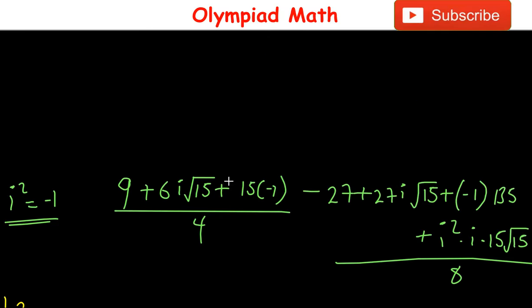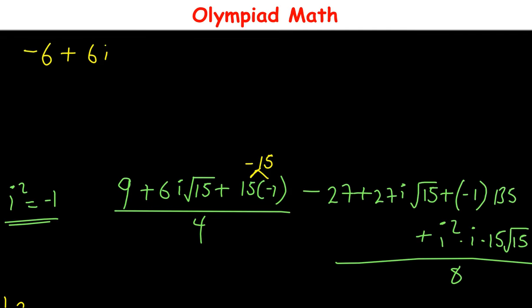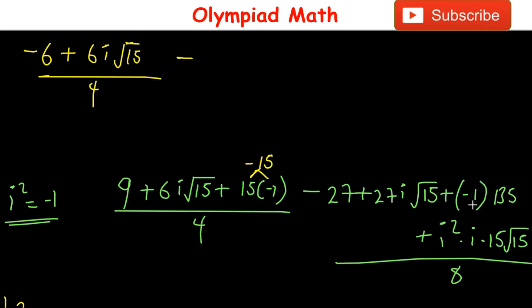With this, we have 15 times minus 1 is equal to minus 15. 9 minus 15 is equal to minus 6. Then plus 6i times square root of 15 divided by 4. Then minus 1 times 135 is equal to minus 135.